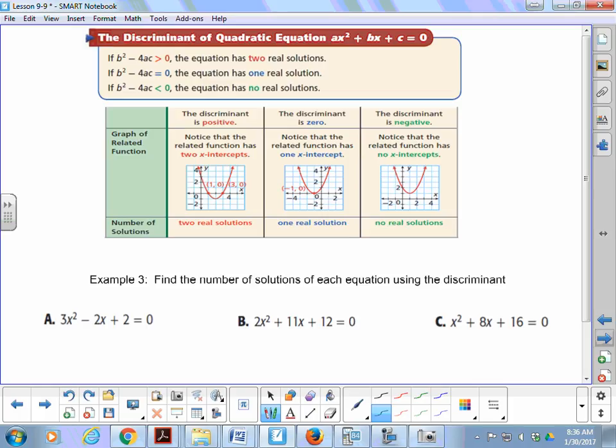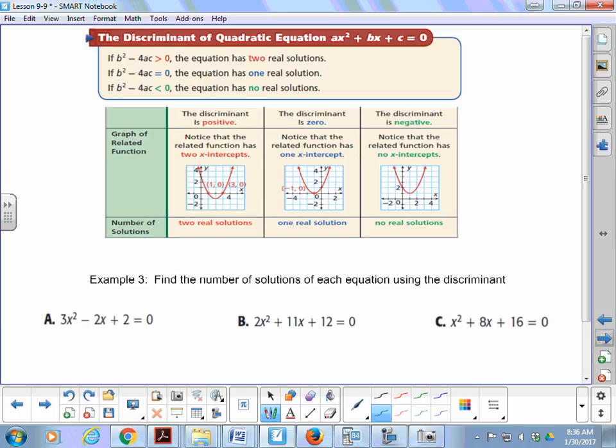And then we can see all of that from this other chart with the graphs. 2 solutions, it crosses the x-axis twice. b squared minus 4ac is positive. b squared minus 4ac is 0, it touches the x-axis once, right on the x-axis. Okay? So the vertex is actually the zero. And when there's no real solutions, because the discriminant is negative, the graph will be above the x-axis.